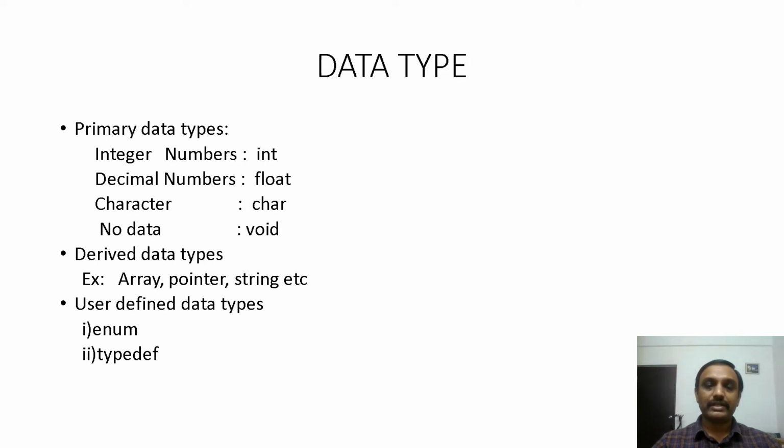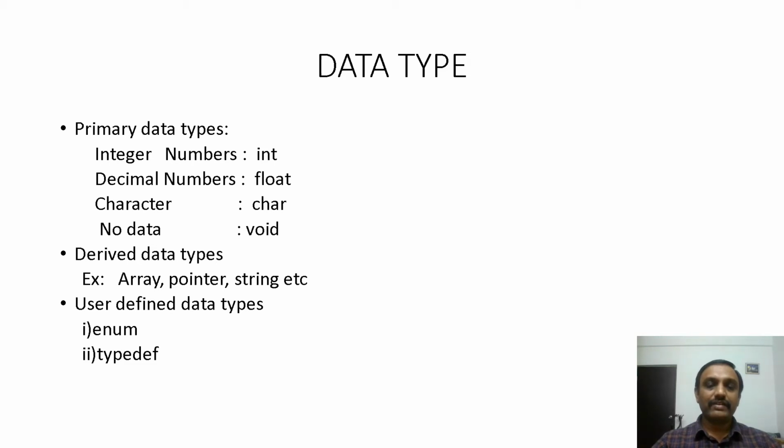Decimals represent decimal data. Then characters, and no data. For integers, the int keyword is used. For decimal numbers, the float keyword is used. For characters, the char keyword is used. For no data, we have to use the void keyword.